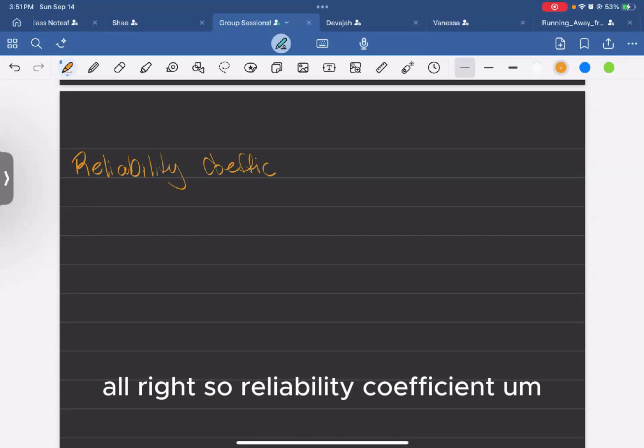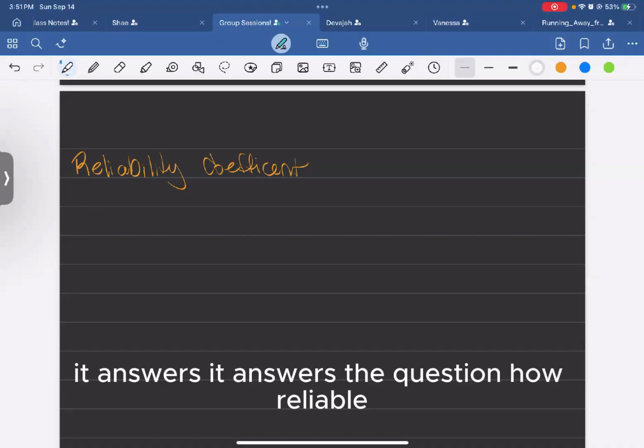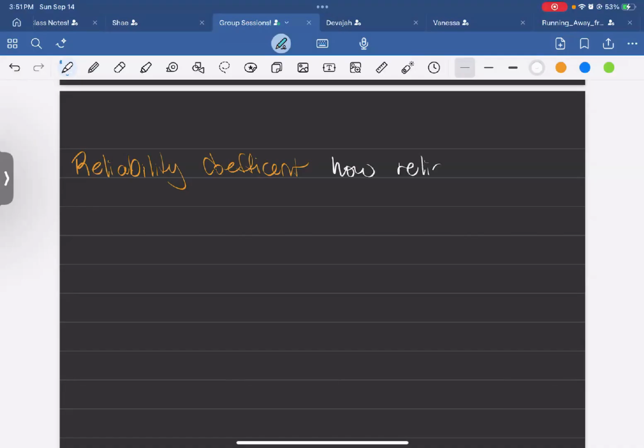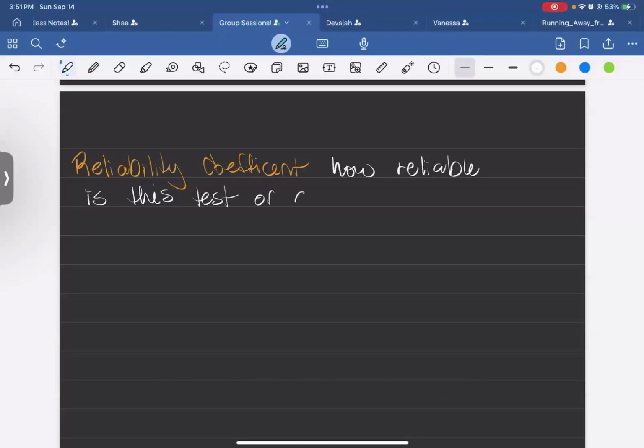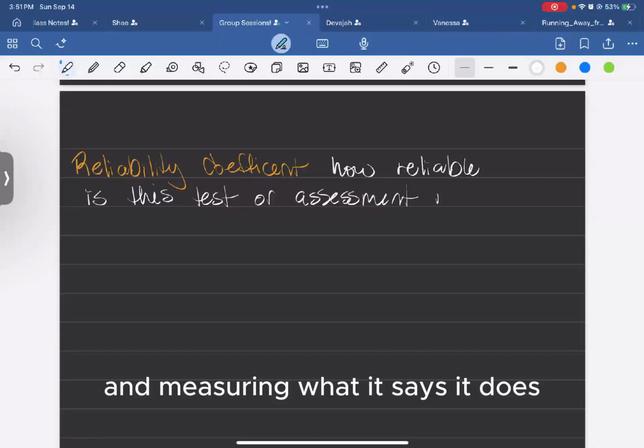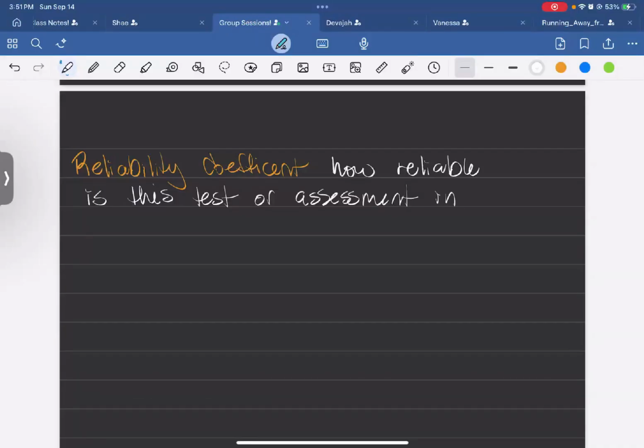All right, so reliability coefficient answers the question: how reliable is this test or assessment in measuring what it says it does?